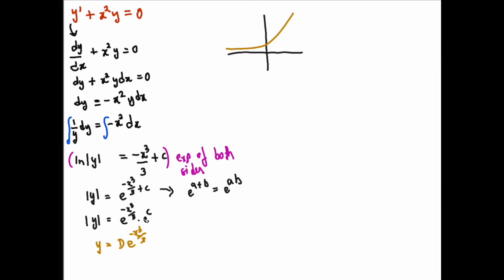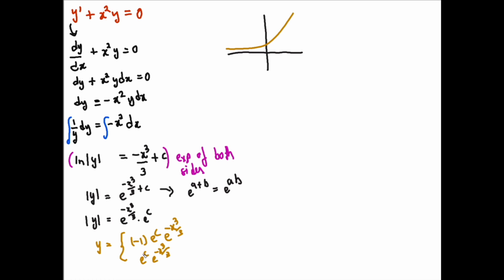Essentially, y could be minus 1 times e to the c e to the minus x³ over 3, or y could be e to the c e to the minus x³ over 3.